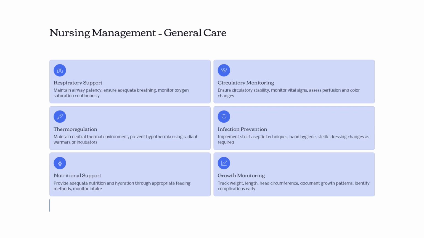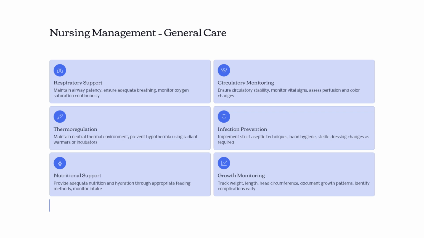Then the fifth important care is nutritional support and growth monitoring. We need to provide adequate nutrition and hydration through appropriate feeding methods and monitor the intake of the newborn.